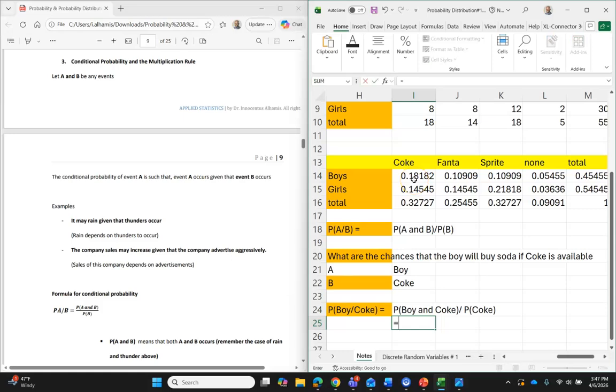I'm going to put an equal sign there, click on the probability of a boy and Coke, and divide by the probability of Coke. The probability of Coke is the one that goes with the boys and the other one that goes with the girls, so the total chance of having Coke is that one here. If you enter, you will see it is 0.56.